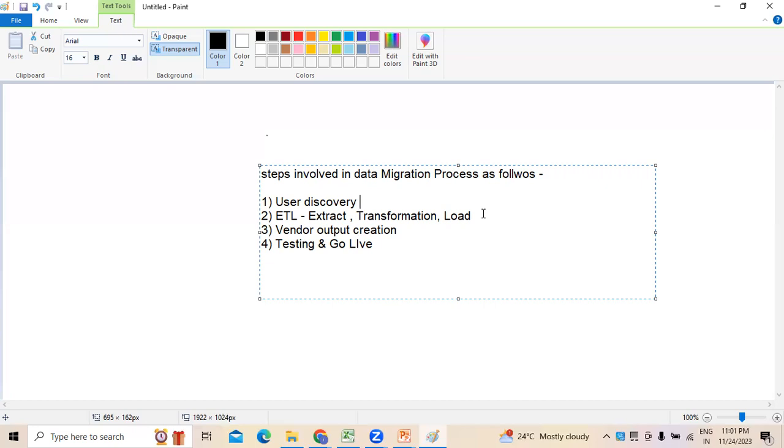Third one, Trizetto Core Administrative Solutions, because Facets, QNXT, all these come under this category. Next, Skygen Core Administrative Solutions. So these are the different core administrative applications we are using.